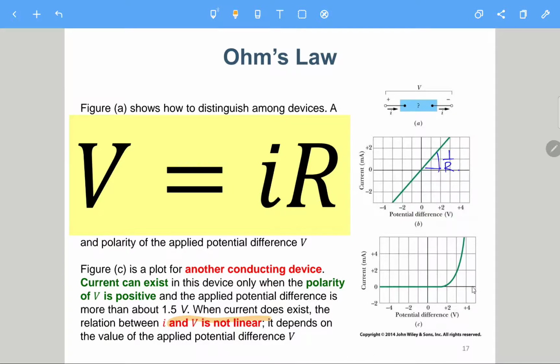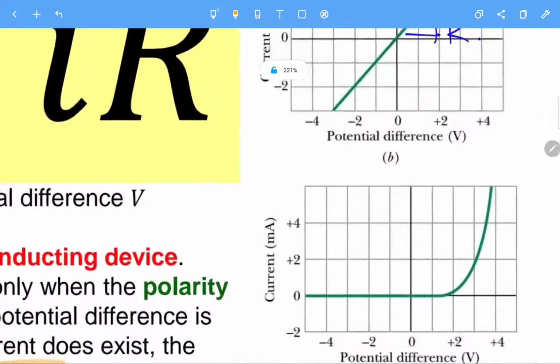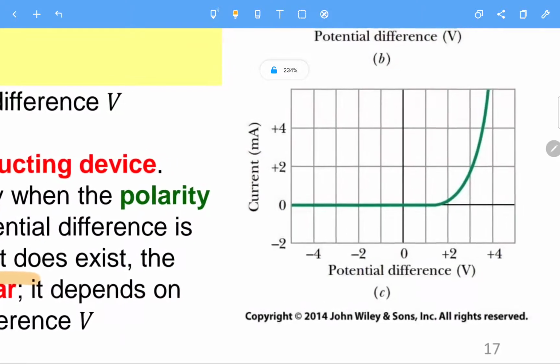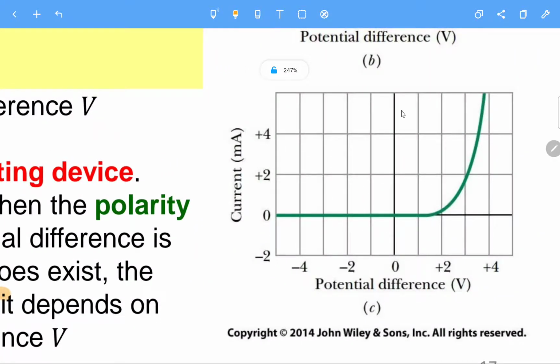So do you know what kind of electrical device has this kind of IV characteristics? Do you know?